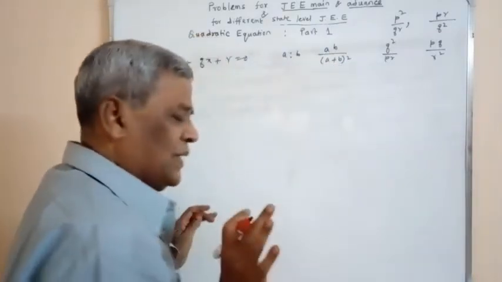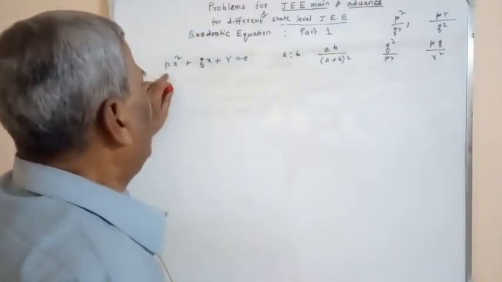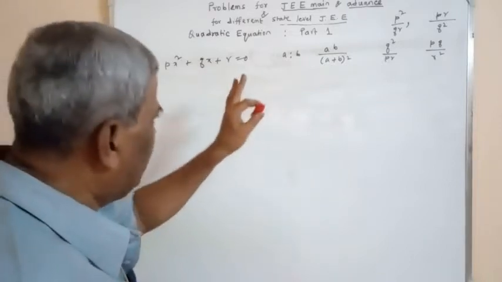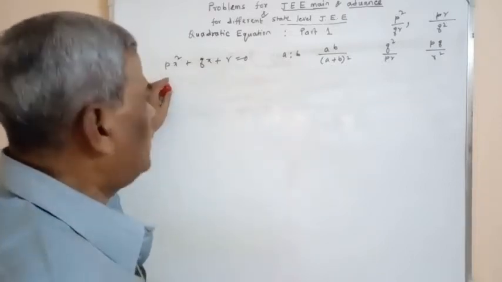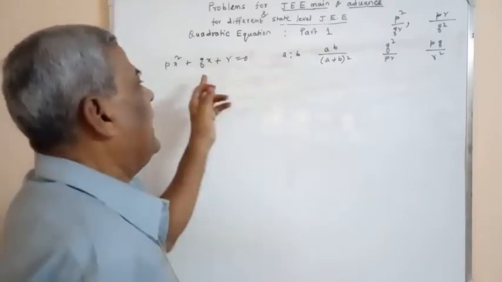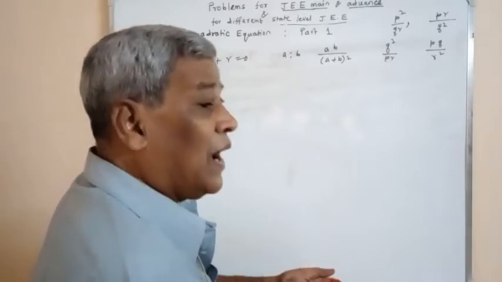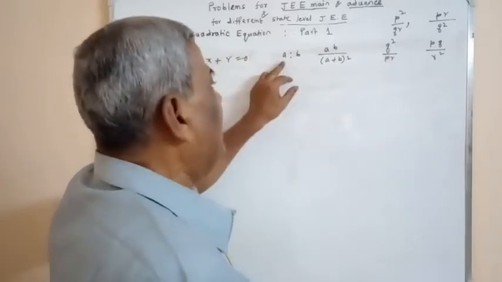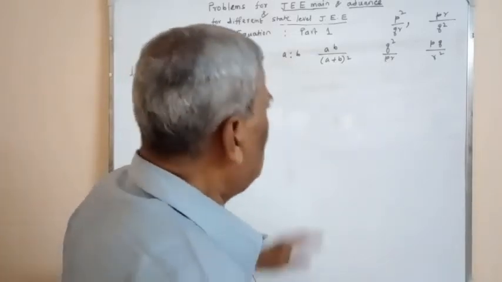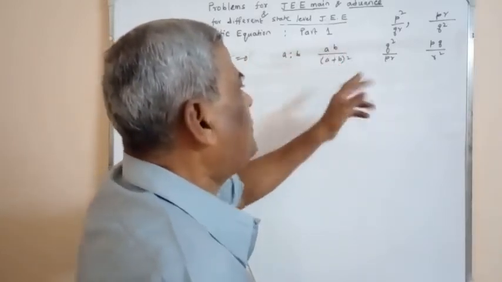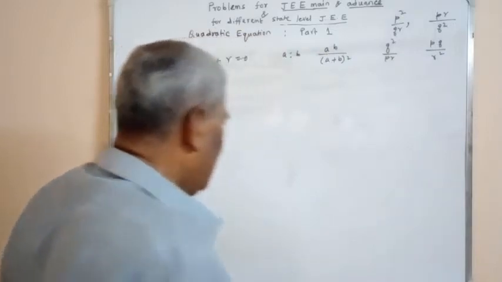The question, once again I am repeating: this is a quadratic equation, so p is not equal to 0, and the roots of the quadratic equation are in the ratio a is to b. Then we have to find the value of that, and the options are these.